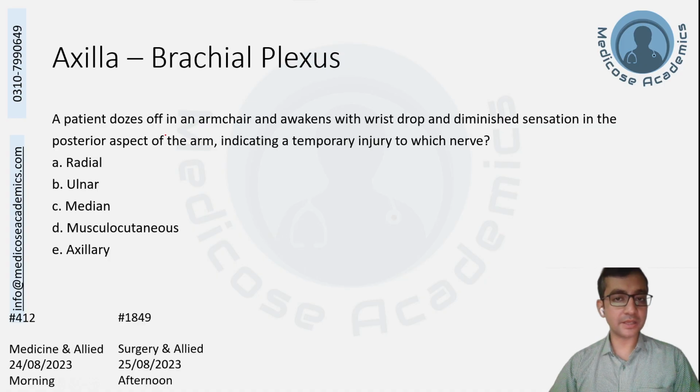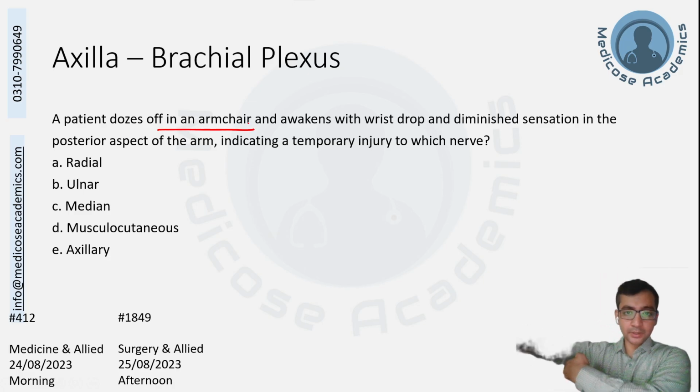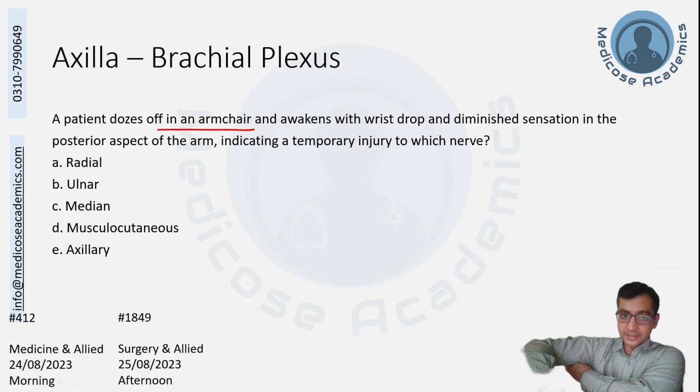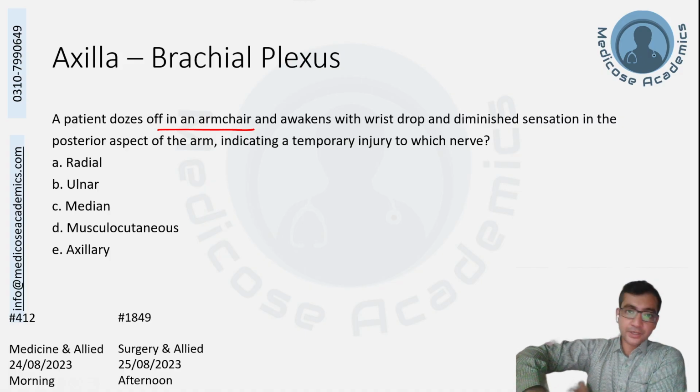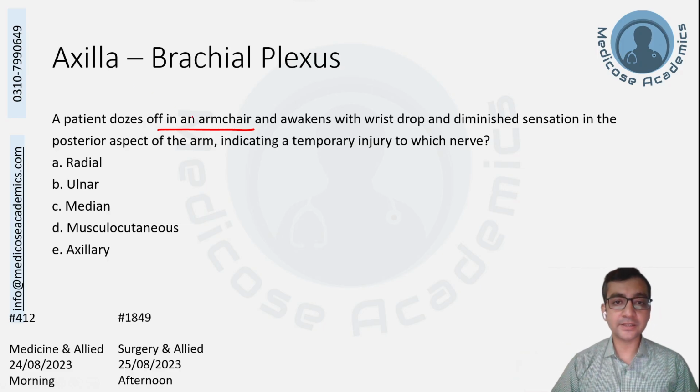This question can be asked from two separate points. If he dozes off like this and his hand is swung over the back of the chair, this leads to compression of the radial nerve against the humerus, thus injuring it.